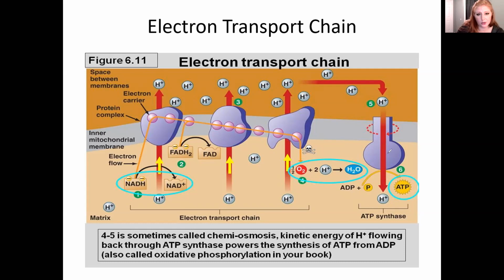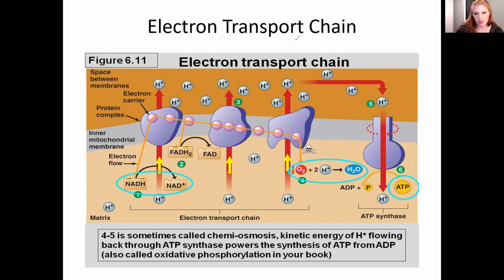They're going to go through the back door, and when they do, they turn this little turnstile here, our ATP synthase, which attaches a phosphate to an ADP molecule, which gives us ATP. The hydrogen proton then also gets picked up by the oxygen to form water. There you go. If I had a mic, I'd drop it. That's what's happening here.